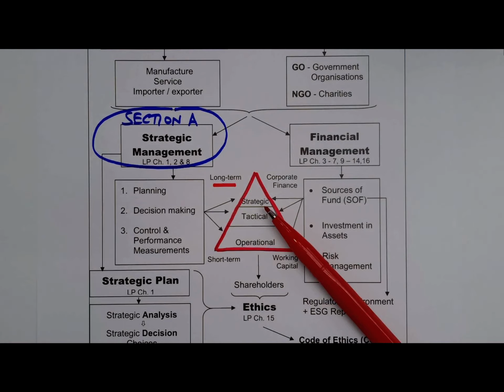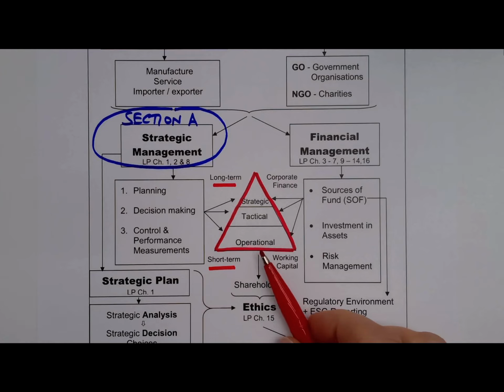When we start thinking about long-term plans, the key word to look for, the hint or the tip, is strategic. As soon as they mention the word strategic, it's long-term. They can ask us about a long-term plan. They can ask us about a short-term plan. Keyword there, operational. These are the terms we need to get very familiar with.